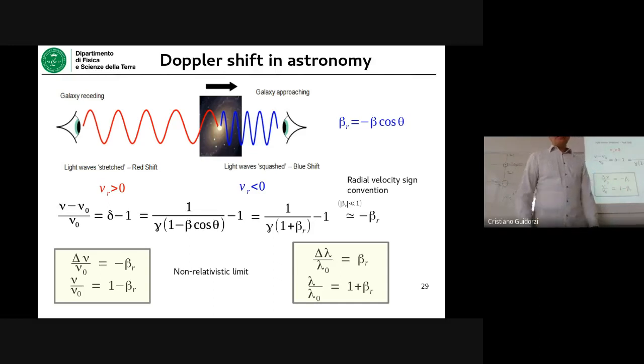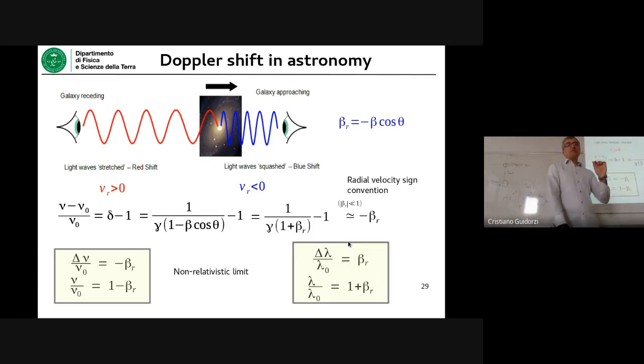In case you wonder why delta lambda over lambda 0 is plus beta r, I set this as an exercise for you. Just make sure you can prove it. Starting from here, delta nu over nu 0 equals minus beta r, make sure you can derive this. You can consider delta lambda as something very small.